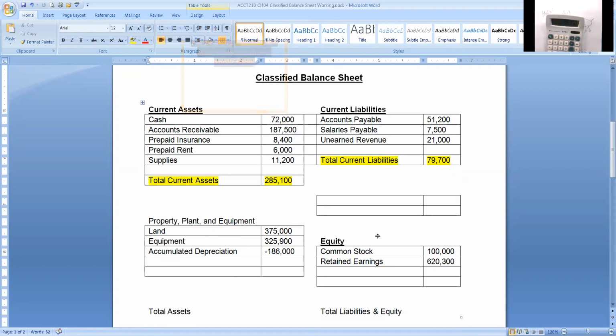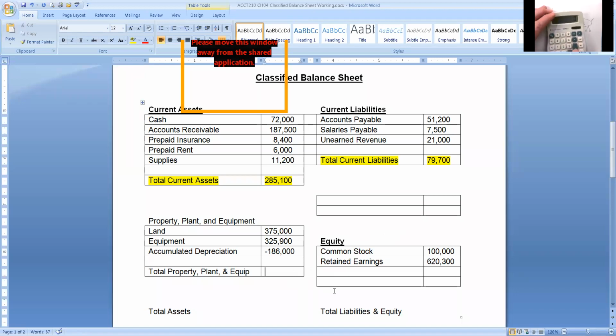Okay, total property, plant, and equipment. Abbreviate it. Okay, so 375. Okay, total equity.